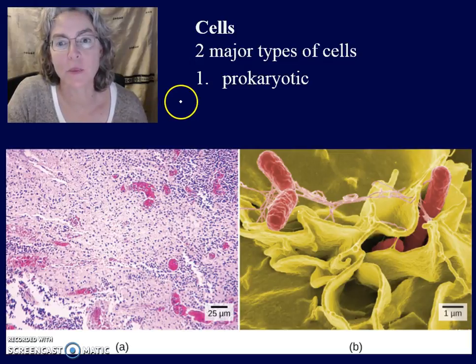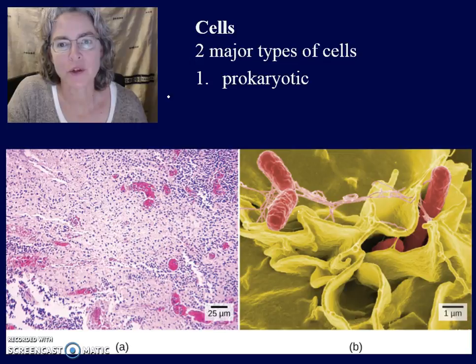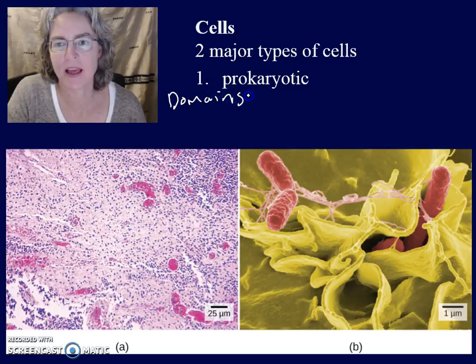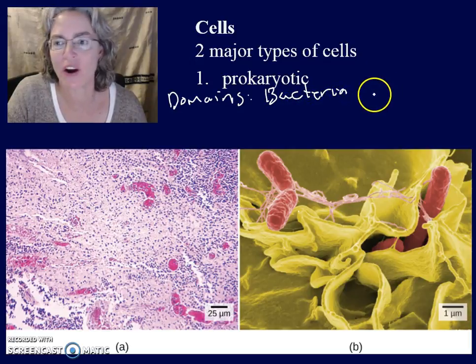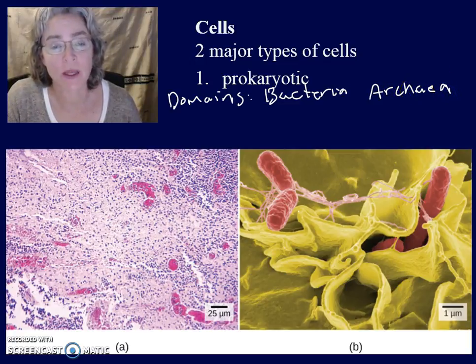One is prokaryotic cells. So there are two domains that have prokaryotic cells. One is bacteria, and the other is archaea. Now, to distinguish between these two, you have to look at the DNA.